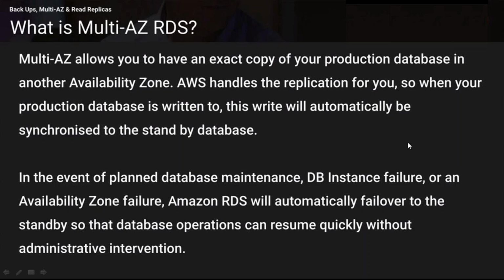But in the case of multi-AZ RDS, there will be multiple copies, but it will be in terms of which one is the master copy and which one is the standby, right? So we always connect to the master database unless there is a problem with the master. When it goes down, only then will the connections automatically redirect to the standby database.